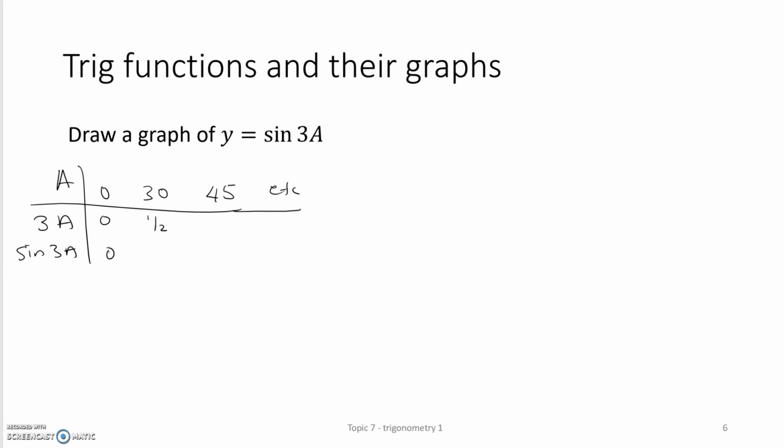Fill out our table, and then what we've got is a curve, still maximum value of 1, but what we find is that it goes around 3 times in 360 degrees. So it goes around once in 120.